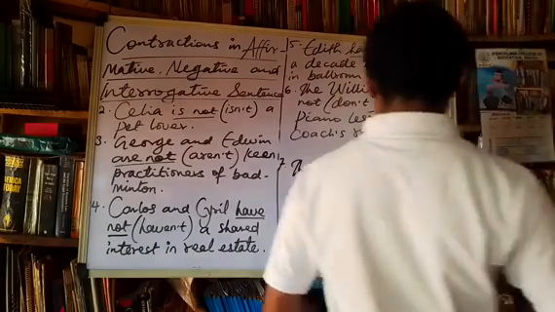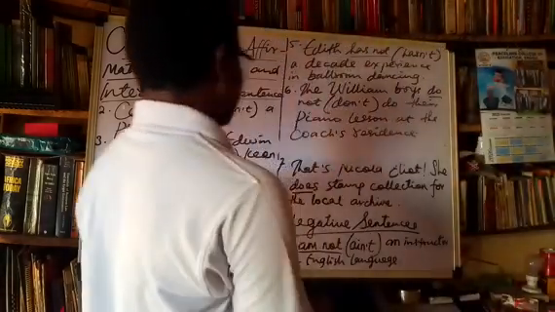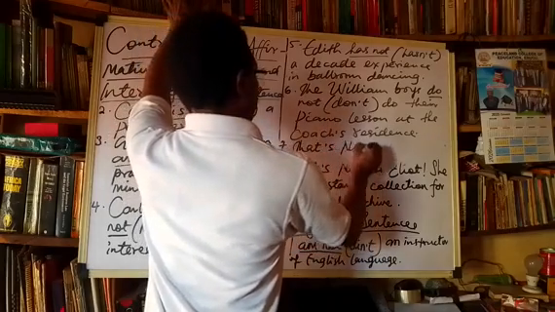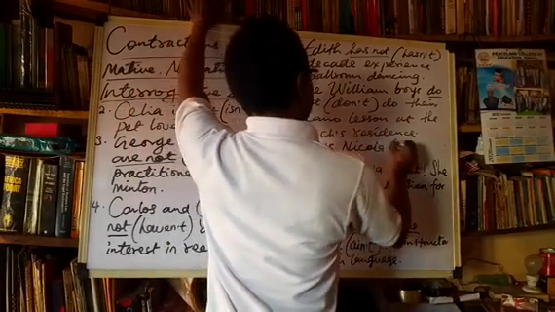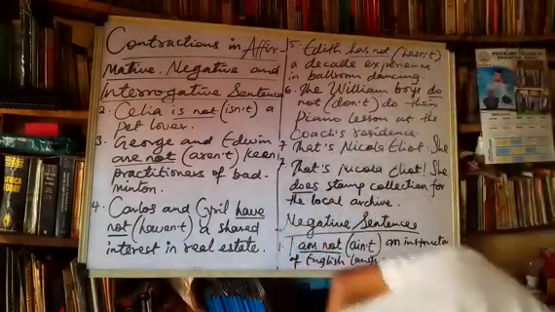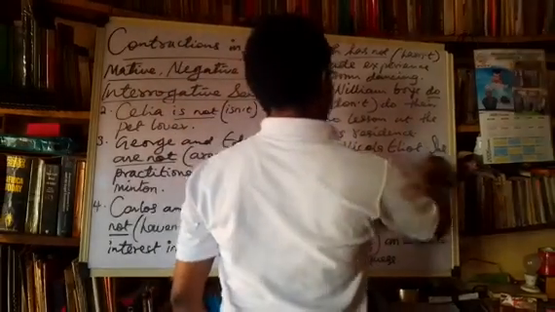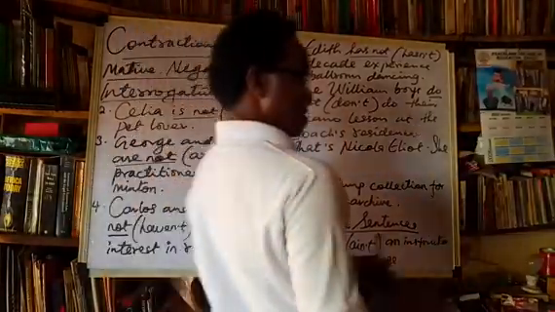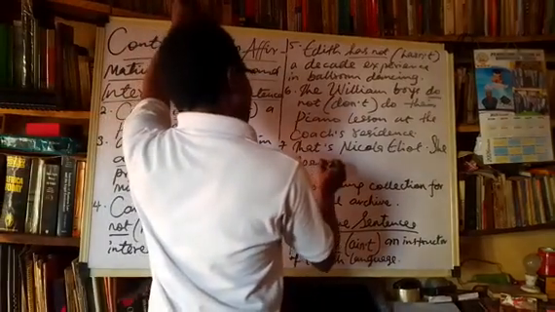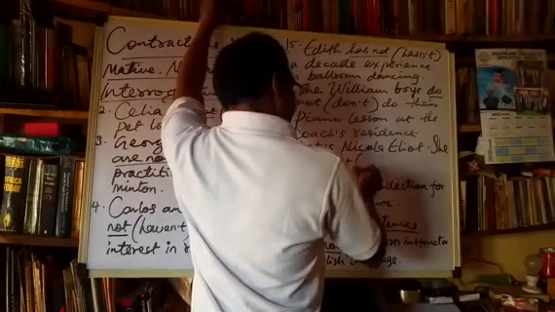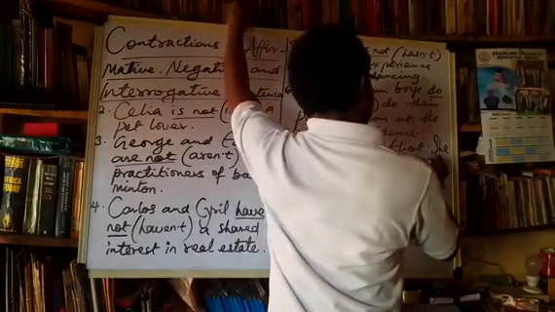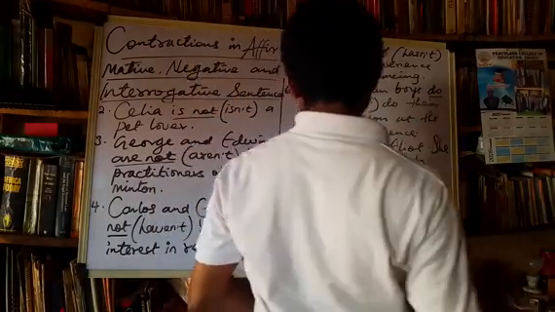And number 7 says, does Nicola Elliott do stamp collection for the local archive? Now it becomes she does not, and does not becomes doesn't.